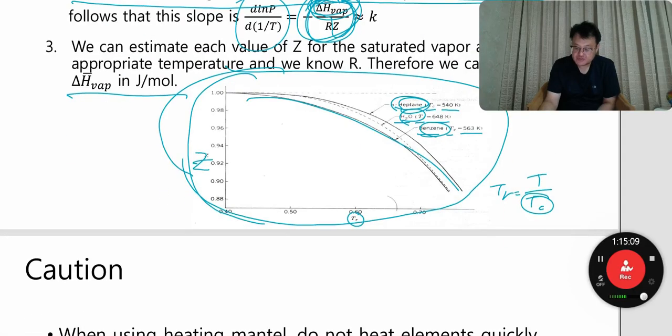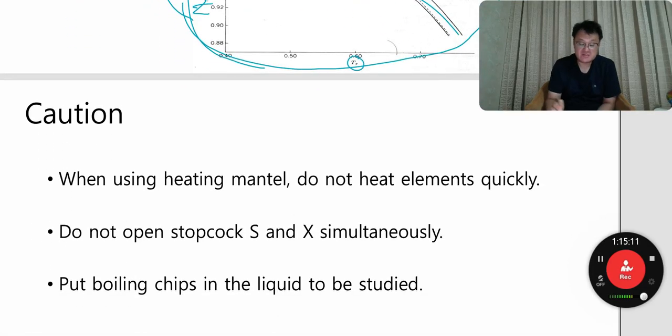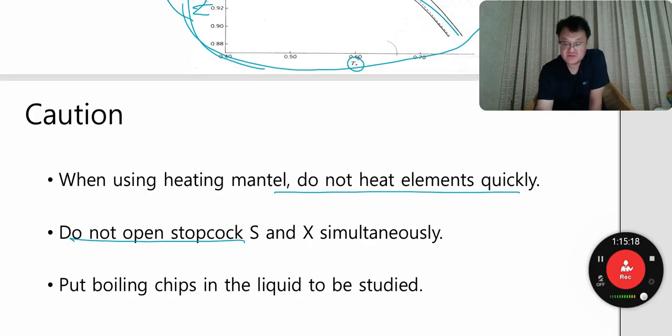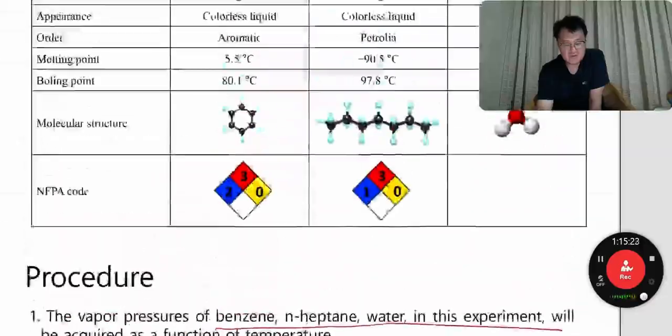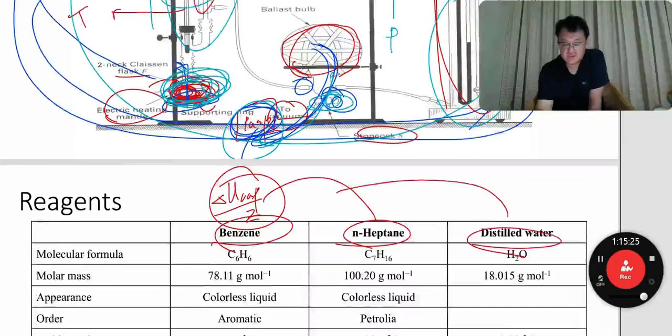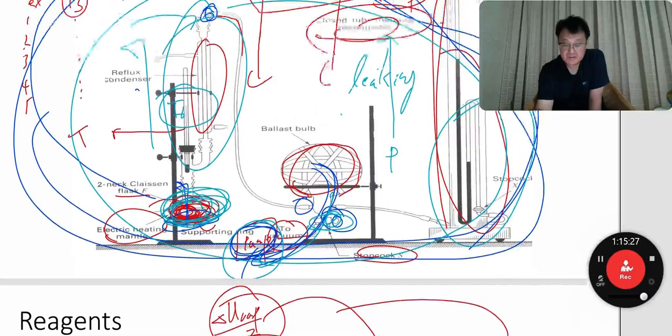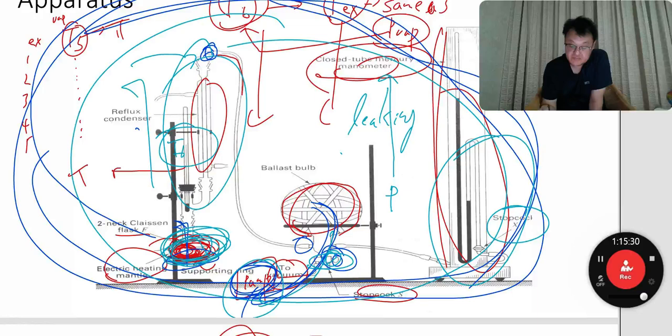Okay, so caution: when using the heating mantle, do not heat too quickly. Do not open stopcocks S and X simultaneously. This is stopcock X, which is the valve connected to the mercury manometer, and stopcock S is this one.